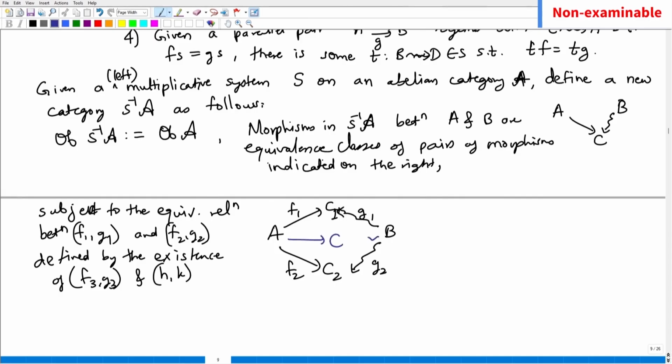This is another such sink with morphisms H and K defined like this, so that all four triangles commute.